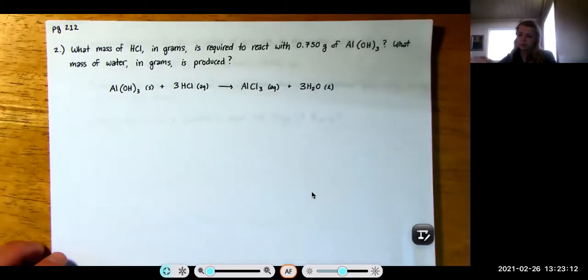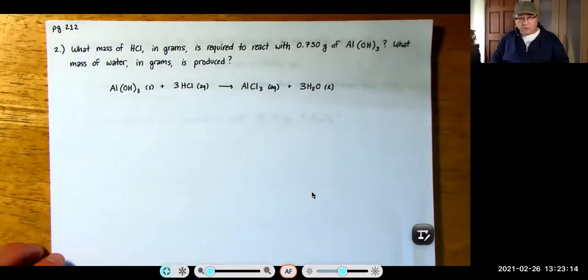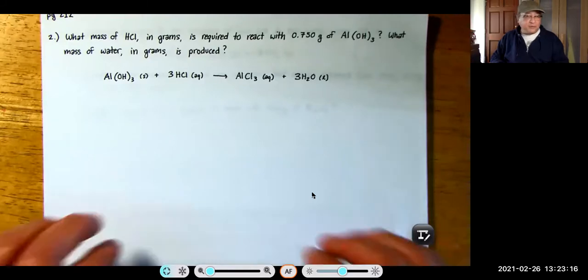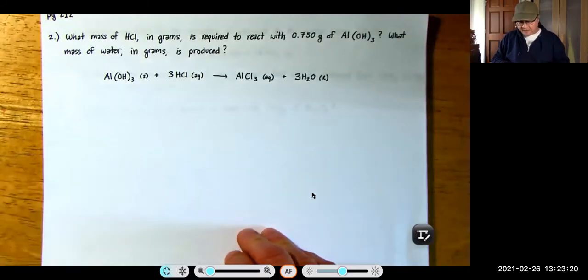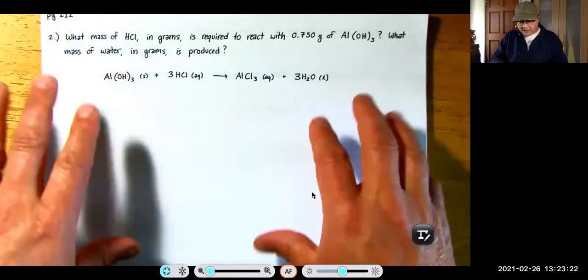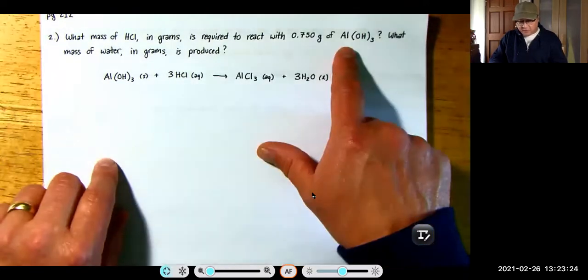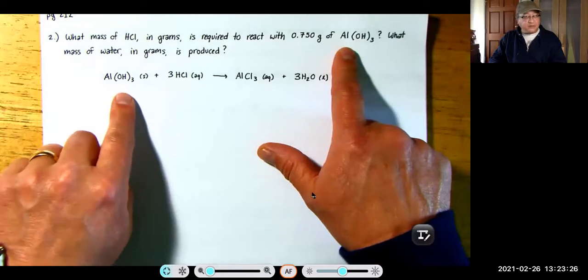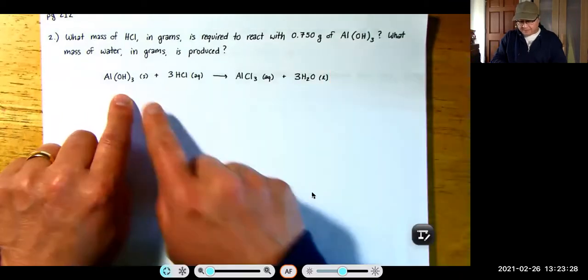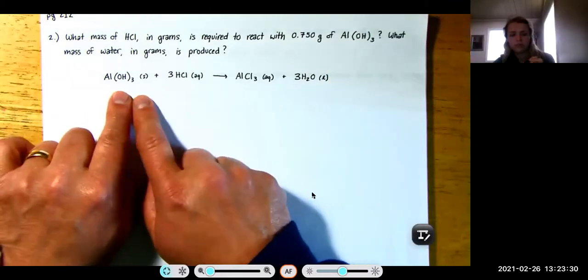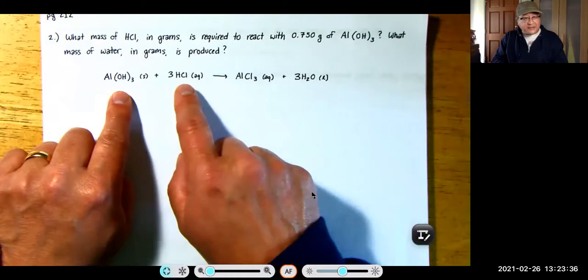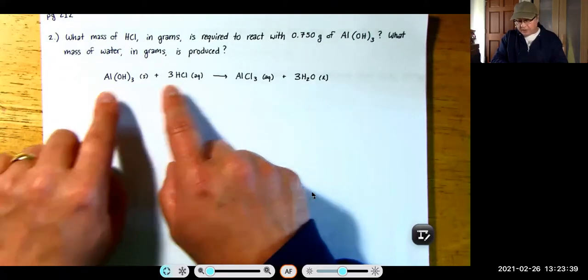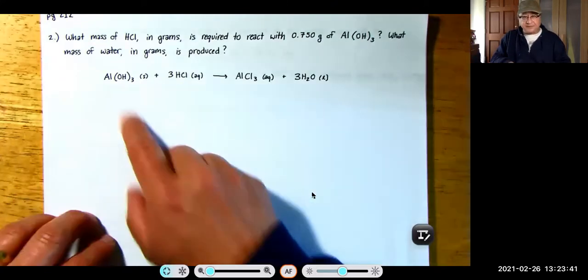And again, it's because what I've done in these, we're going to be doing in other problems, the exact same thing. So I will point out to you that here we're given a mass of 0.750 grams of this aluminum hydroxide. And we're asked what mass of water would be produced and what mass of hydrochloric acid is required to react with our 0.750 grams.